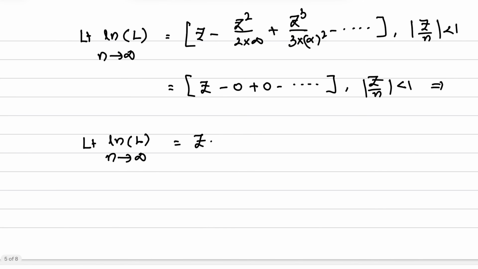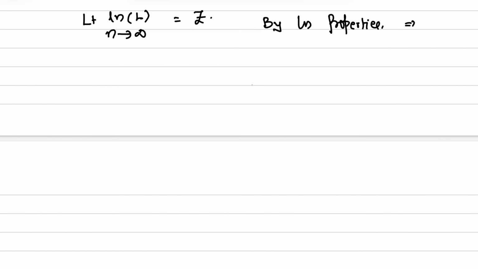By natural logarithm properties, we know that if ln a is equal to b, it implies a is equal to e to the power of b.